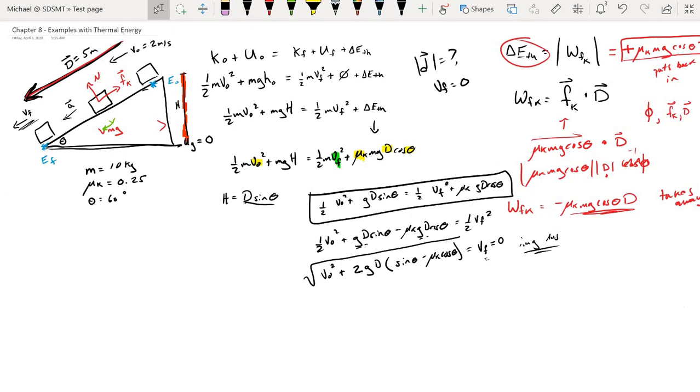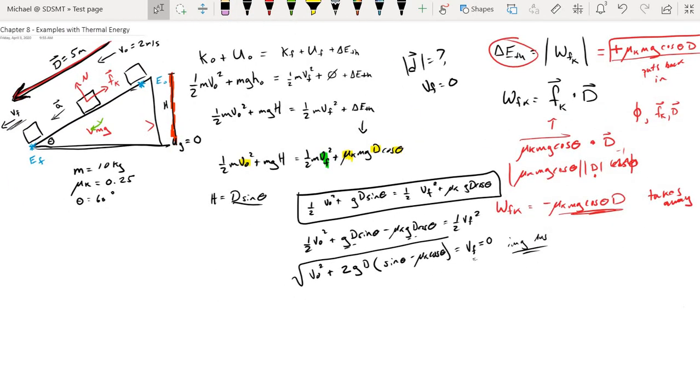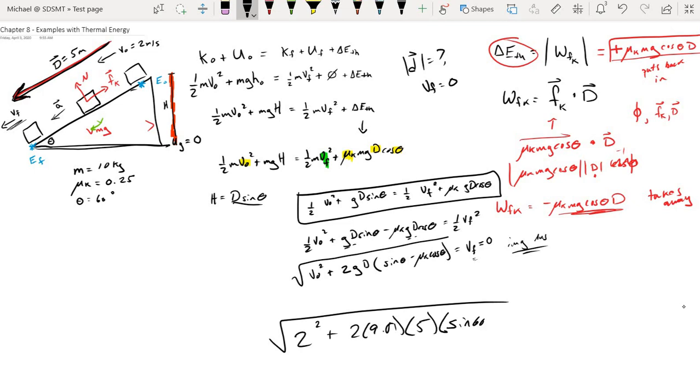So, initial velocity. Go back so we can see things here. Initial velocity was 2 meters per second. So we have 2 squared plus 2, 9.8. Big D was 5. We have sine 60 minus 0.25 cosine 60.